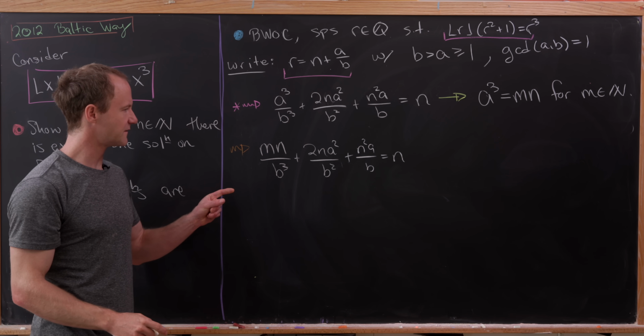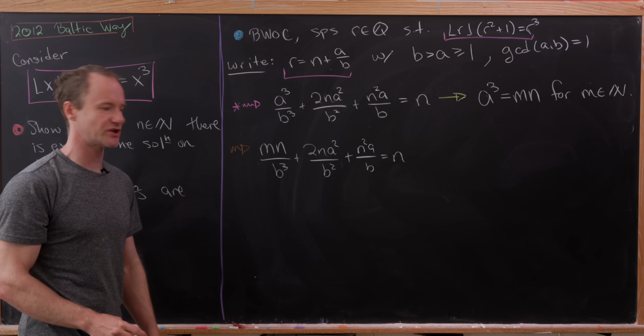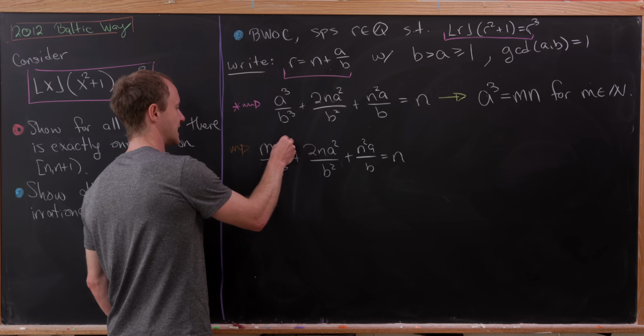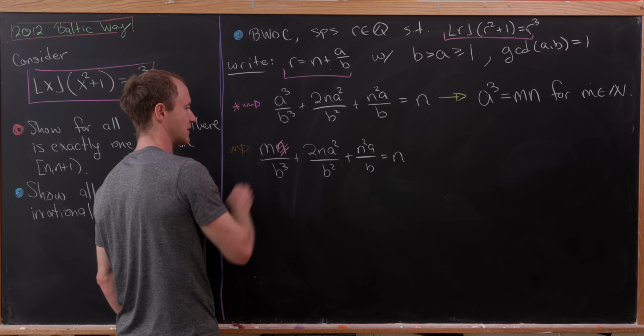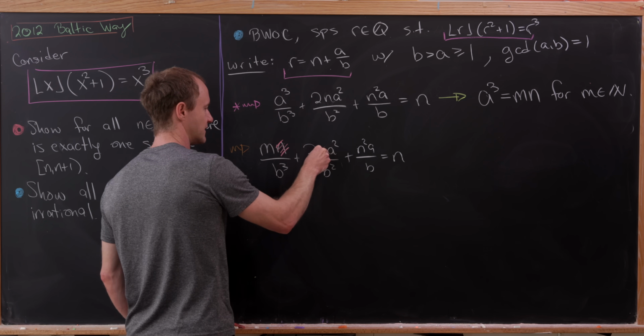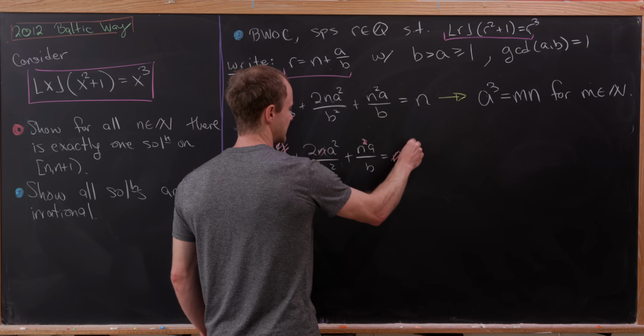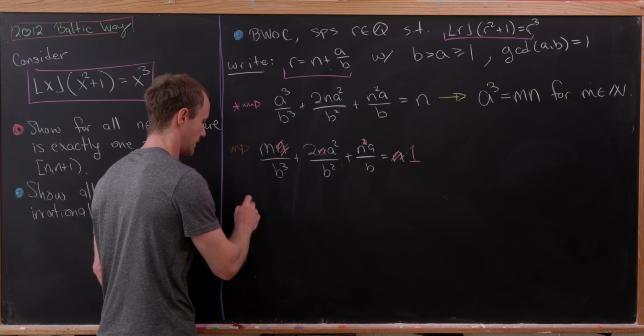Now, let's observe that everything in this equation has a factor of n, which gives us the opportunity to do some simplification. I can divide by n. That's going to get rid of this. It's going to get rid of this. It's going to take this down to an exponent of 1, and it's going to turn this into the number 1.